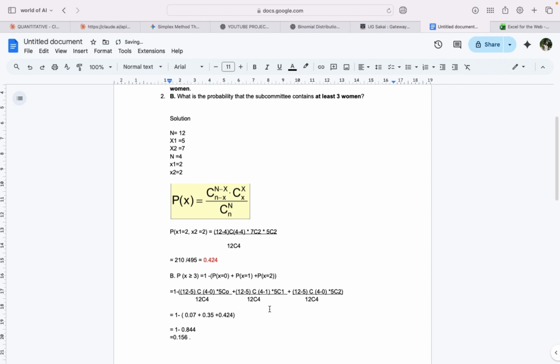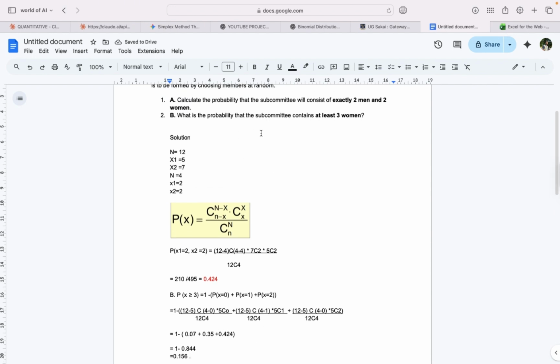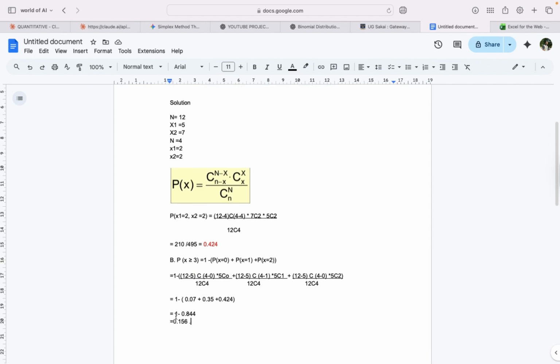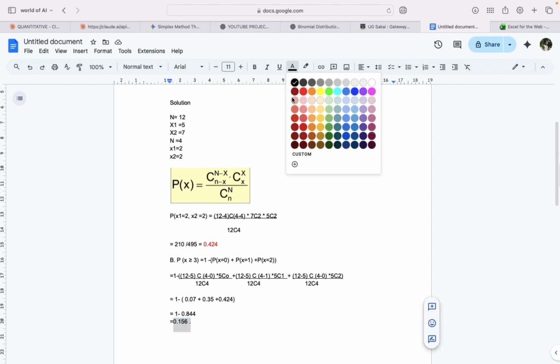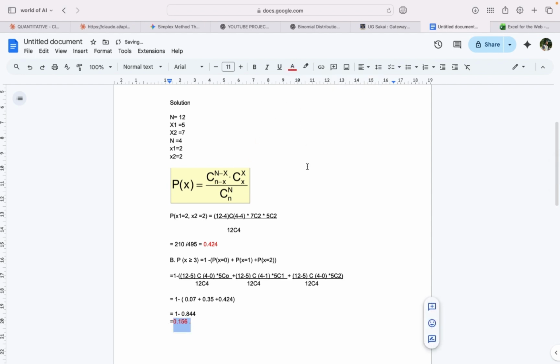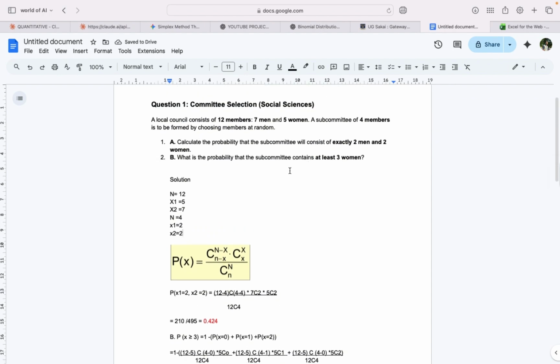So this is the probability that the subcommittee consists of at least 3 women. So this is it. Let me explain it well for you.